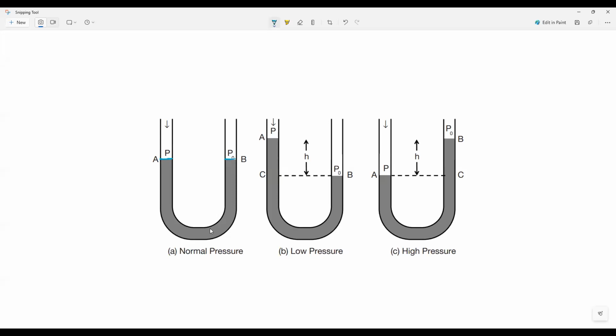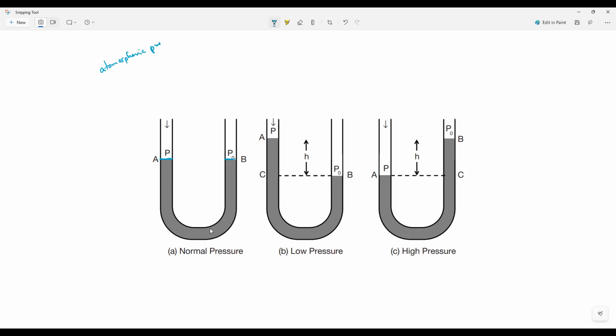Yes, as the pressure at the surface of the liquid in both the arms is equal to the atmospheric pressure. Please remember, the pressure at the surface of the liquid in both the arms is equal to the atmospheric pressure. So I am taking atmospheric pressure as P0. Please note it, everybody.